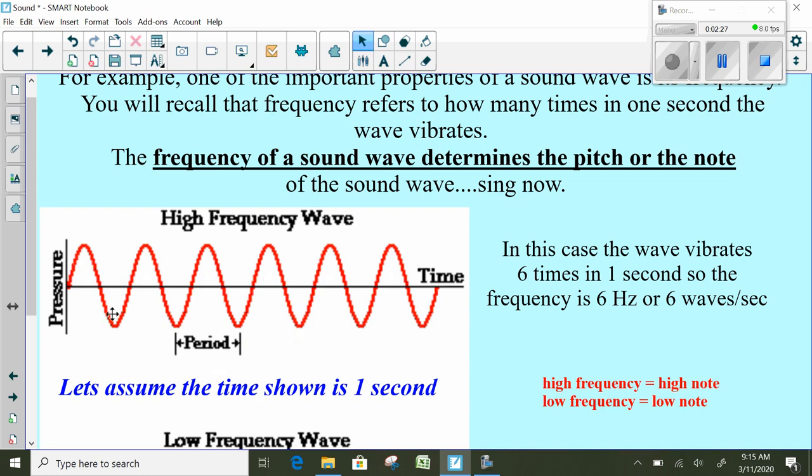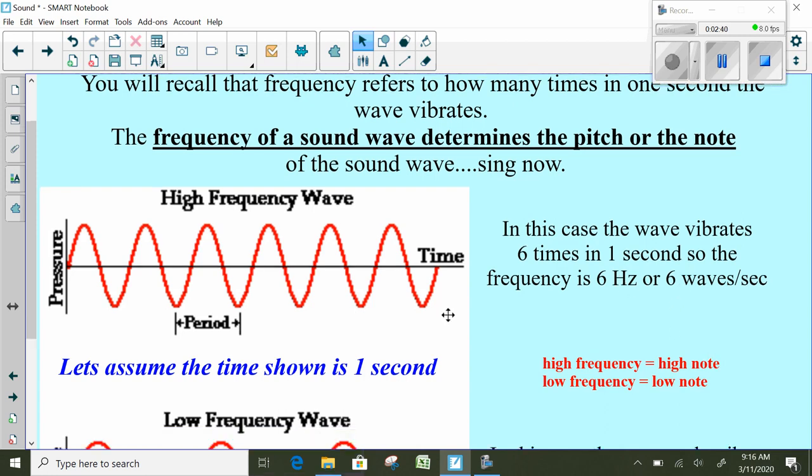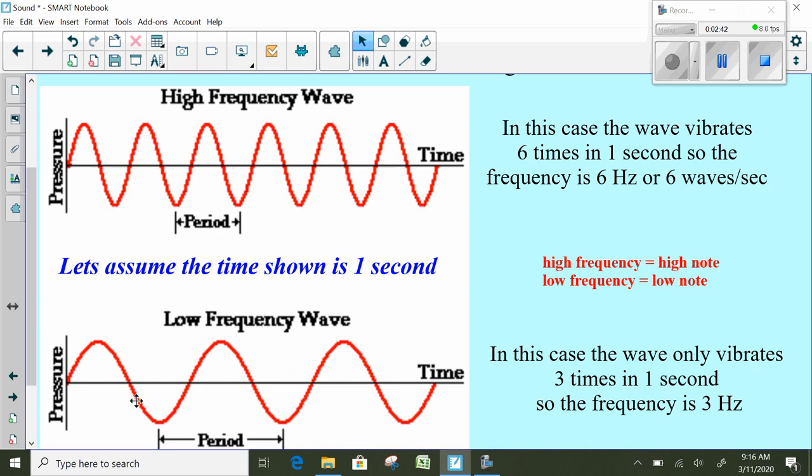We're saying this wave has a frequency of 1, 2, 3, 4, 5, 6 cycles per second. We call this 6 hertz, or 6 waves per second. We say it's a relatively high frequency. If this is also a second, we can say this has a frequency of 1, 2, 3 complete waves. This has a lower frequency. So a higher frequency has a higher note.